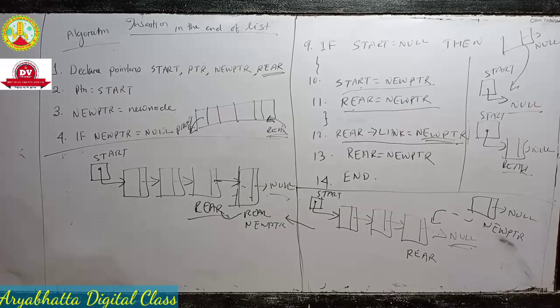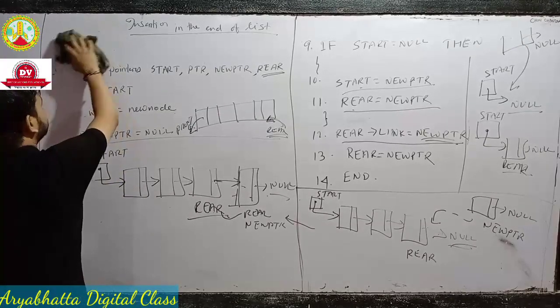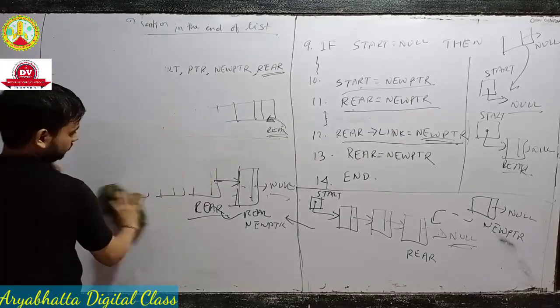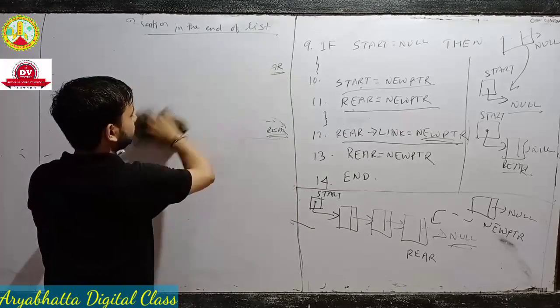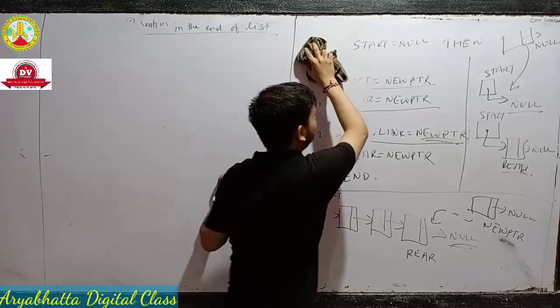So, okay, insert at the end of the list. This is the insertion at the end of the list. So we have done the algorithm for insertion in the beginning and insertion at the end.